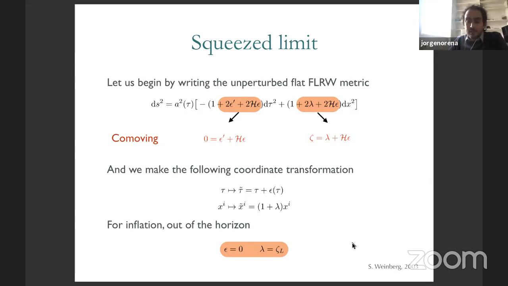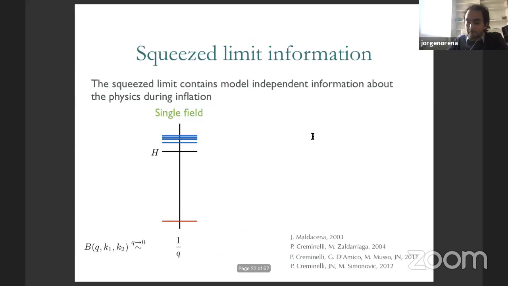This was already noticed by many people, Maldacena and also Weinberg. One can generalize this also to the gradient, following this Newtonian intuition. And we learn that there is no correlation between a very long wavelength constant mode and short wavelength physics.